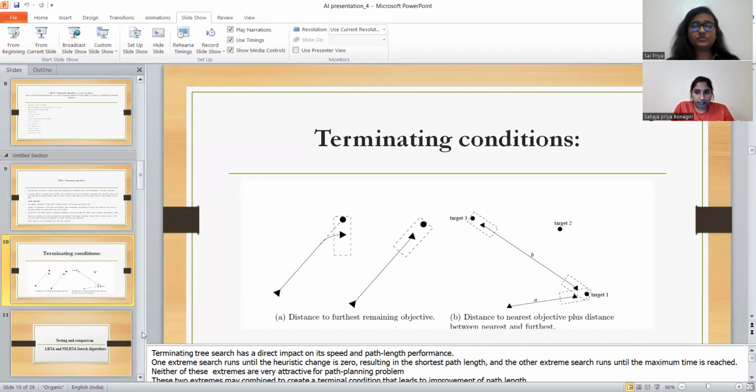In other words, the search will last as long as the path length is improving, with the trade-off between speed and path length performance becoming more favorable. The number of non-improving iterations that must elapse before termination is regulated here. The greater the number of iterations necessary, the better the final route length may be. However, it has a longer running time. This termination condition is successful because the best trade-off is very easy to find.